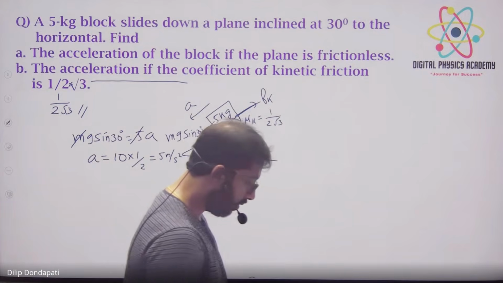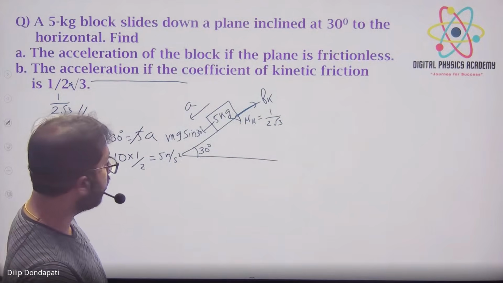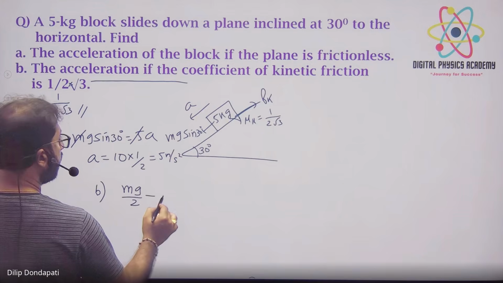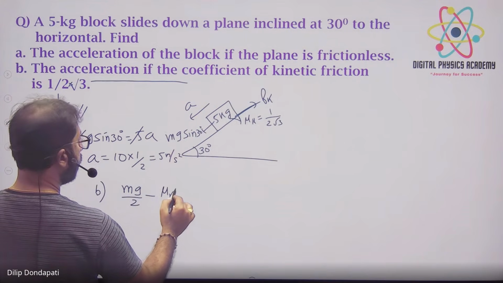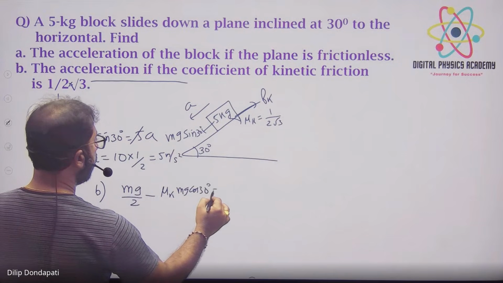So will we get a fraction? Yeah, decimal. So 2.5. नेट फोर्स इक्वल एम ए करो, आ जाएगा. नेट फोर्स क्या है? mg sin 30, 2.5 I got, minus that's direction mu k times of N. N is equal to mg cos 30, is equal to ma.